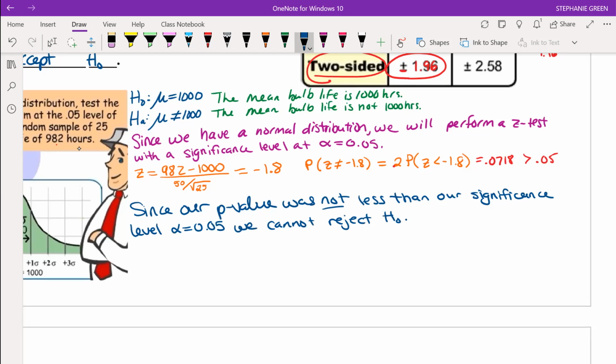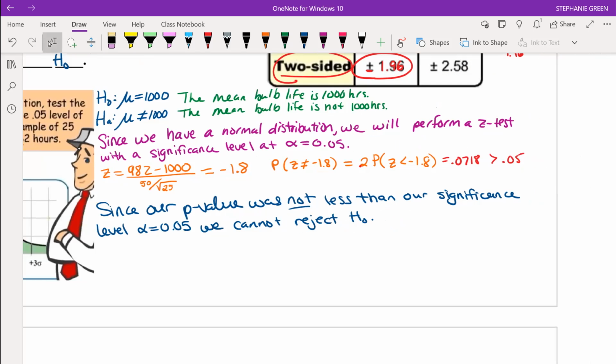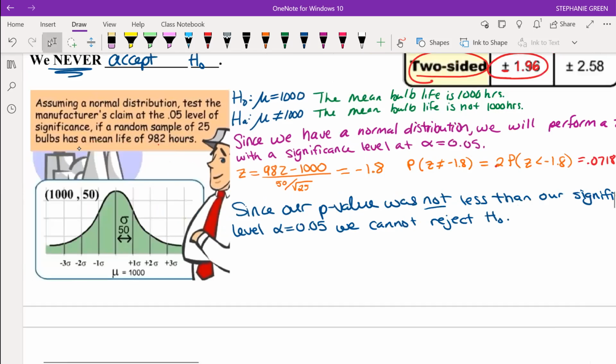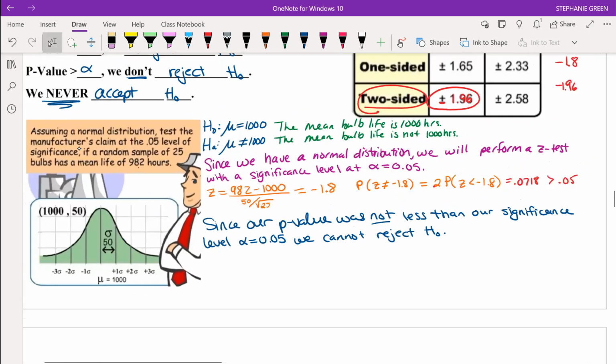So what does that mean in the context of our problem? That means that this sample does not indicate that the light bulbs have a life that is statistically, significantly different from what it should be, basically.